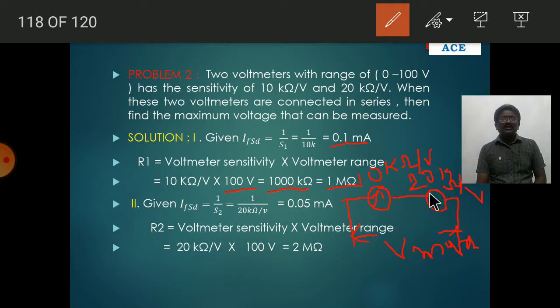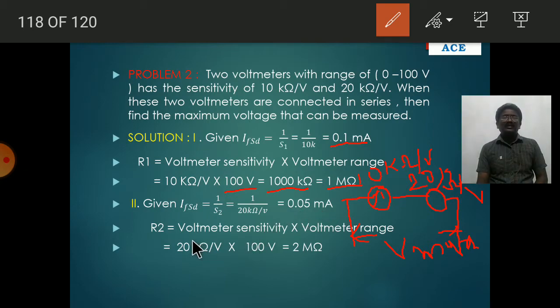So come to the next one, given sensitivity equal to 20 kilo ohm per volt. Now calculate the value of IFSD using sensitivity. Here IFSD equals 1 divided by S2, where IFSD is the full scale deflection current. Already given S2 equal to 20 kilo ohm per volt. Substitute here and simplify, then you will get IFSD 0.05 milliamps.